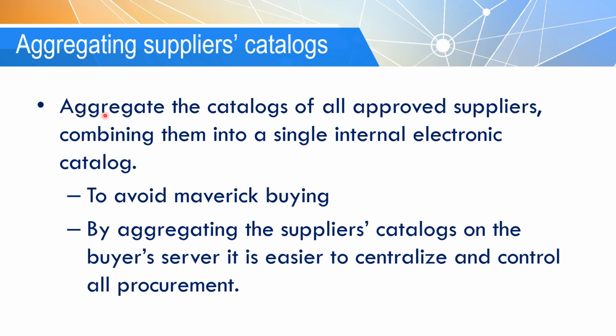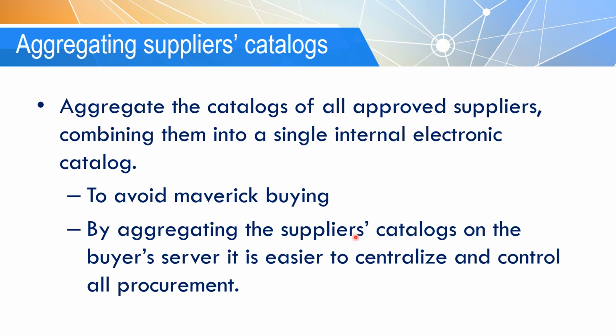So there are other methods, namely aggregating supplier catalogs: aggregate the catalogs of all approved suppliers, combining them into a single internal electronic catalog. This is on the buyer side. We collect all the approved ones and combine them in one system. Why do this? There are two reasons given here. One, to avoid maverick buying, which we have defined previously.